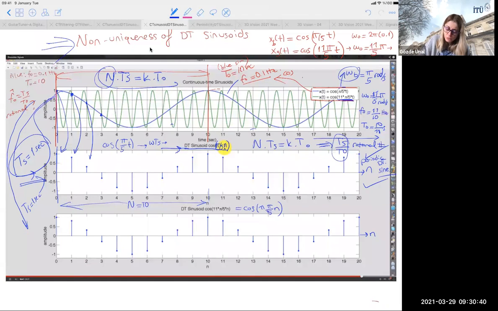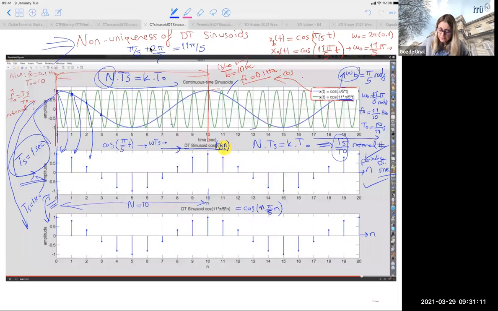This blue curve was pi over 5 radians. Add 2 pi to that. So it was pi over 5 plus 2 pi, which is 11 pi over 5. So you see the relation. In discrete time, they are the same sinusoids. We obtained exactly the same signal.